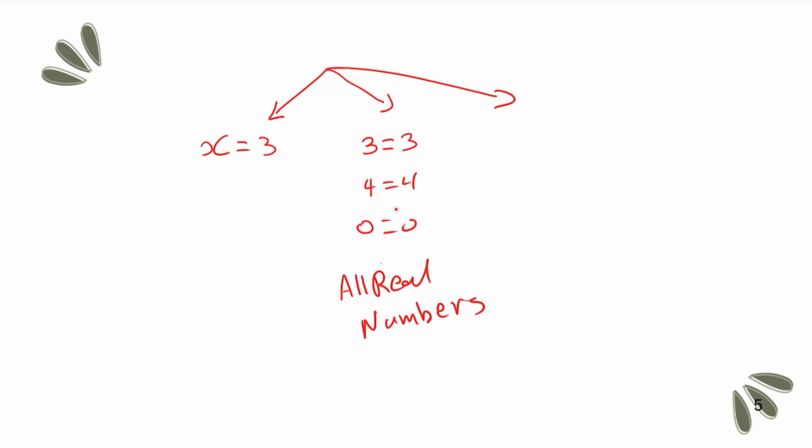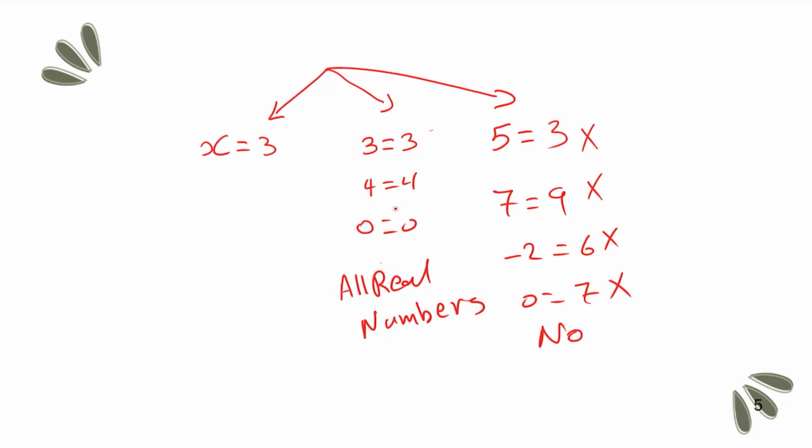The third type of question, when you solve it, x will cancel with x, or the variable will cancel with the variable like here, but you get something wrong. For example, you get 5 equals 3 or 7 equals 9 or negative 2 equals 6 or 0 equals 7. This is not correct. In this case, we say the solution for this equation will be no solution.